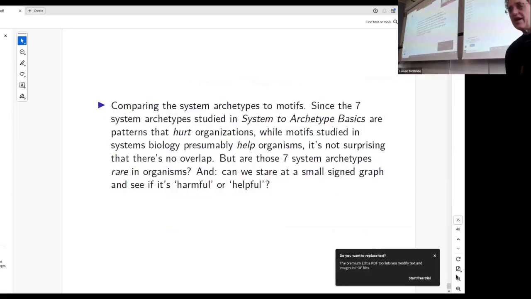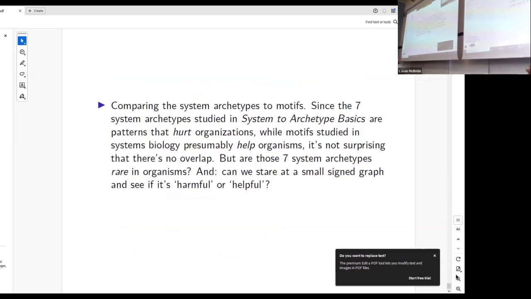Good, okay. While thinking about this stuff, I came up with a crazy idea, which is very speculative, but I can't resist mentioning it. You have these two subjects, systems dynamics, where they talk about systems archetypes, and systems biology, where they talk about motifs, two names for simple, small M-labeled graphs.